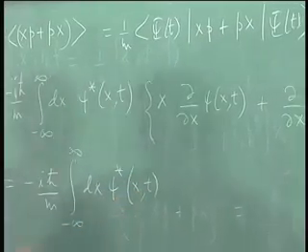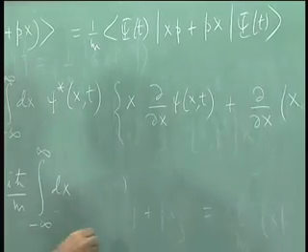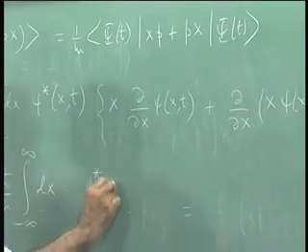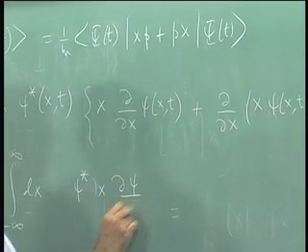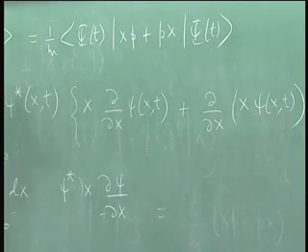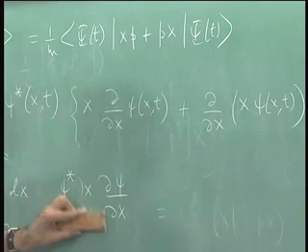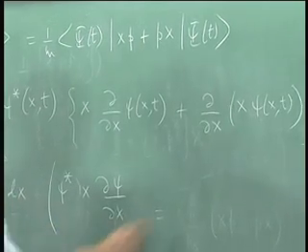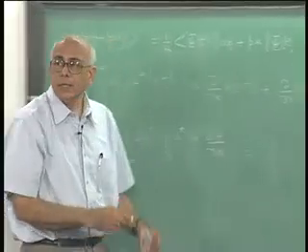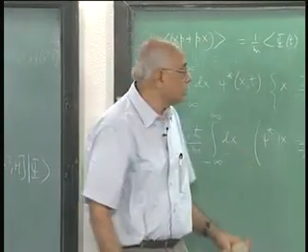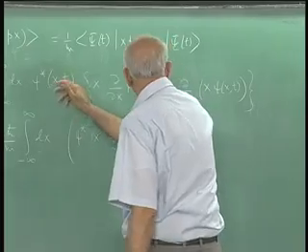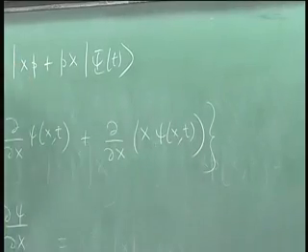So let's ignore the arguments for a moment. Psi star x partial psi over partial x is the first term, and then in the second term here let us integrate by parts. So I have to do the integral psi star partial over partial x of x psi.